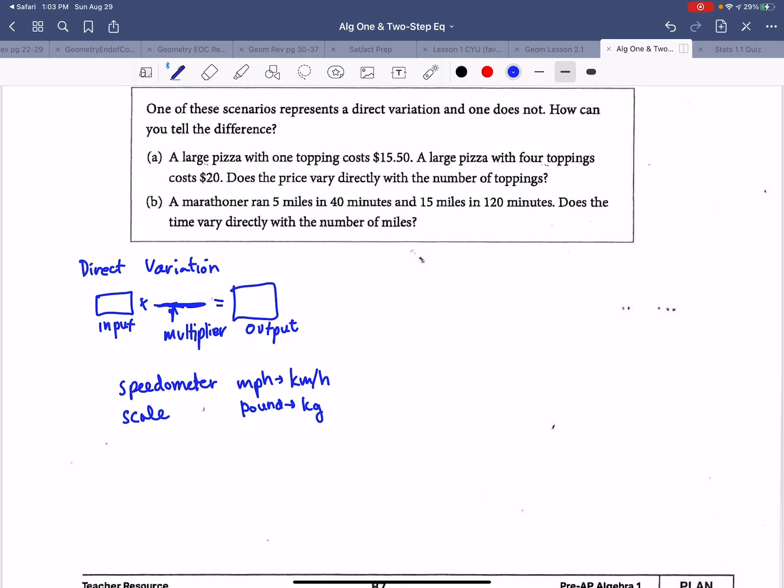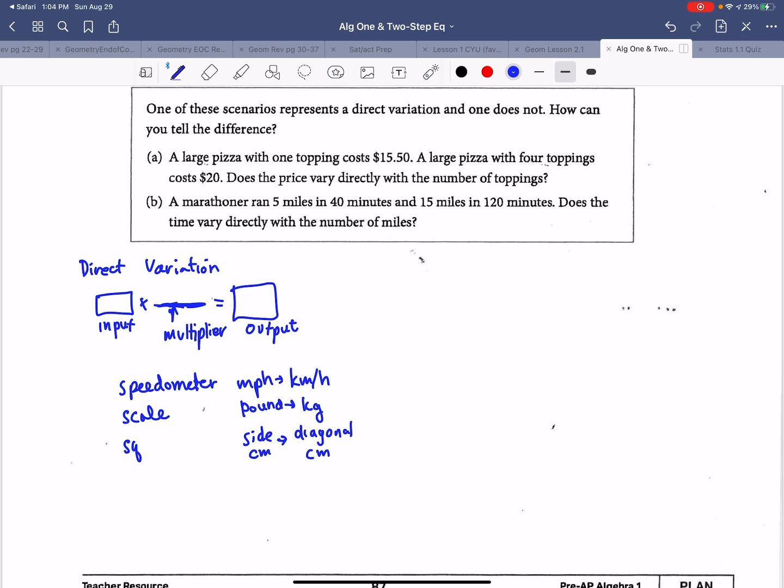Or our scenario where we had the square and we converted the side of the square in centimeters, and there was a conversion that we could then multiply by 1.4 to get the diagonal length in centimeters. So with that said, let's take a look at A and B and see if they make sense with what we've talked about here.